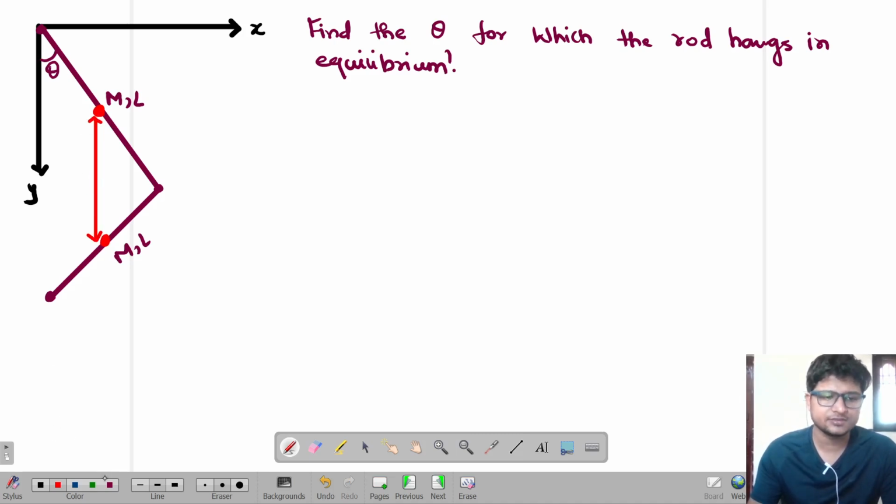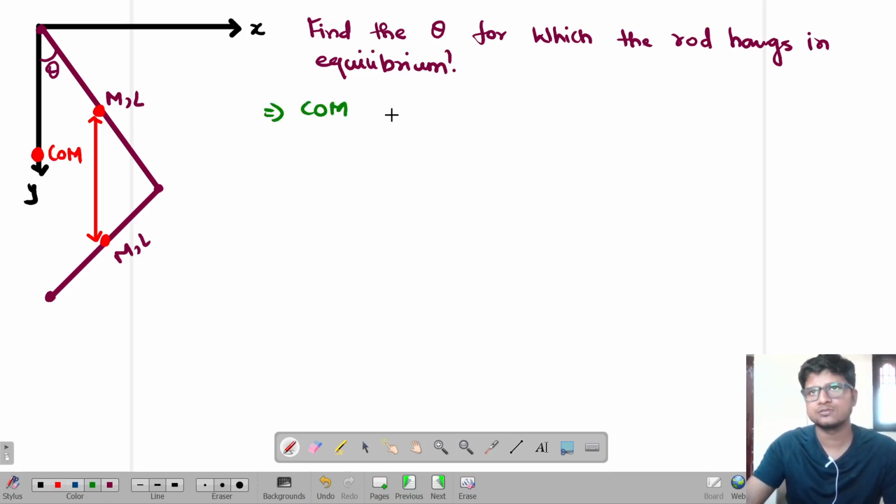I'll give you one hint. We'll calculate this theta later on because it is a concept of rotational motion also. We are just marking where the center of mass should be. So for these kinds of systems which are hanging vertically, the center of mass would always lie exactly on the vertical y-axis such that they remain in equilibrium. So where should the COM lie?